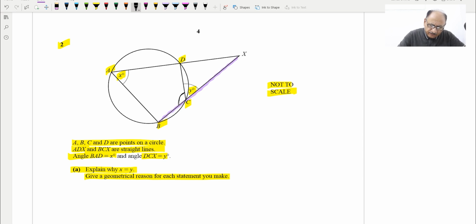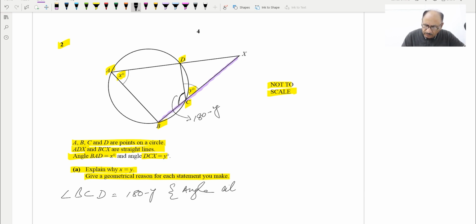So we can write angle BCD is equal to 180 minus y, and the reason we will say is angles on a straight line add up to 180 degrees. This will be our reasoning for that.